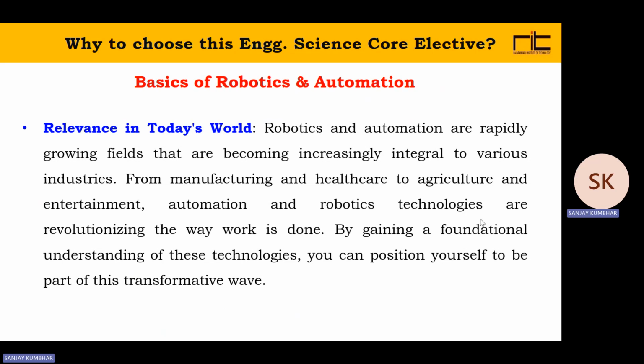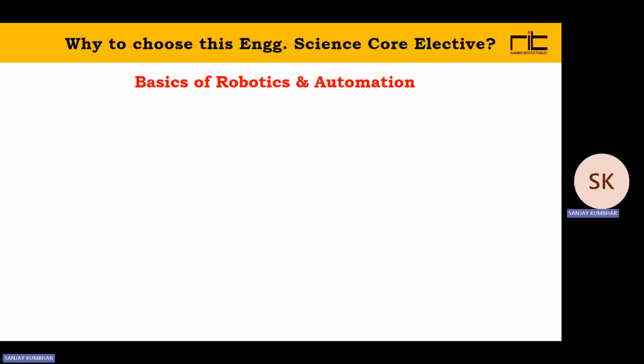From manufacturing, healthcare, agriculture, entertainment, these technologies are revolutionizing the way work is done. With the help of this course, you will get a foundational understanding of this new technology, and you may become part of this transformative wave.